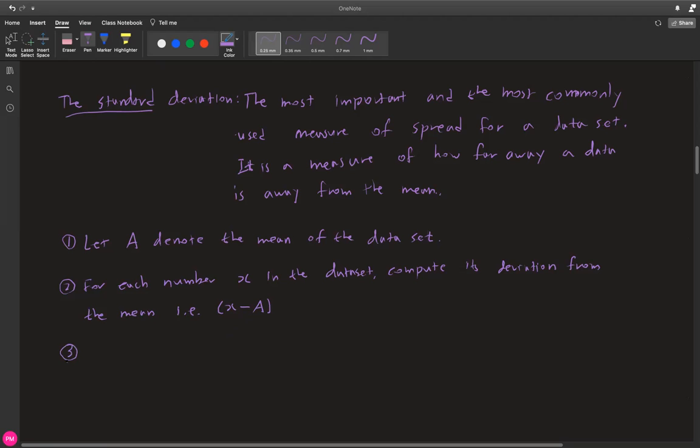The third step: square each of these numbers. This is also known as the square deviation.